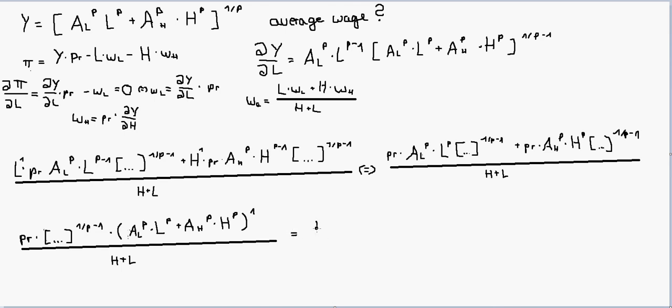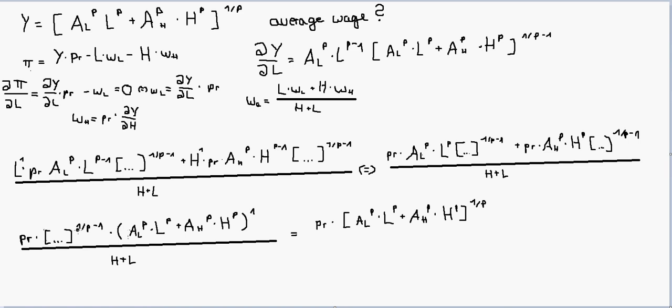So what do we actually have now? That P_R, and I'm now going to write out the bracket, times A_L to the power of rho times L to the power of rho plus A_H to the power of rho times H to the power of rho, to the power of 1 divided by rho.